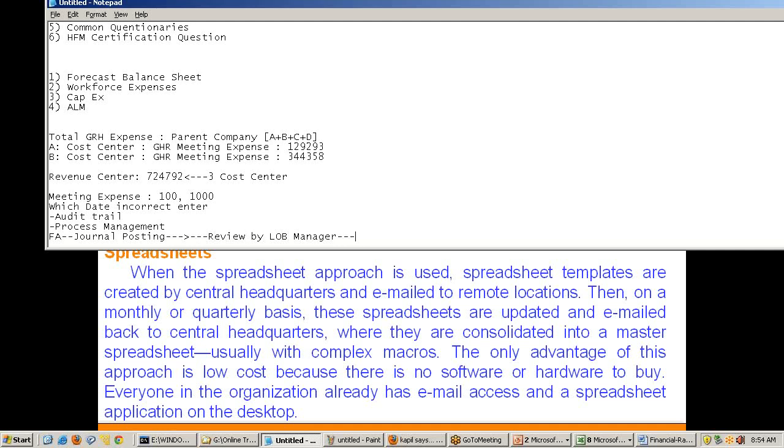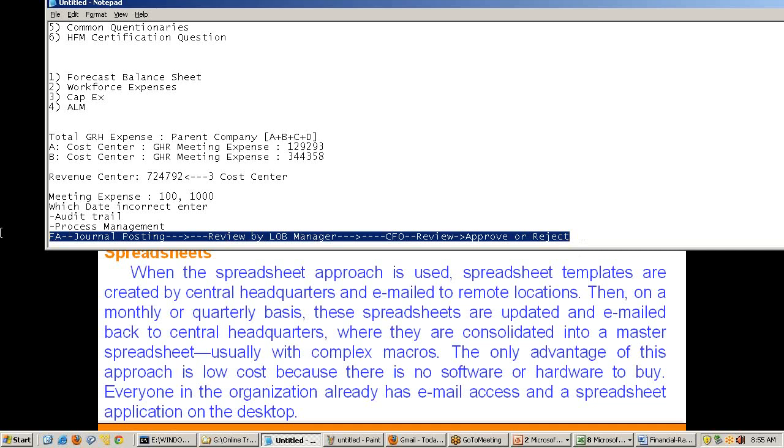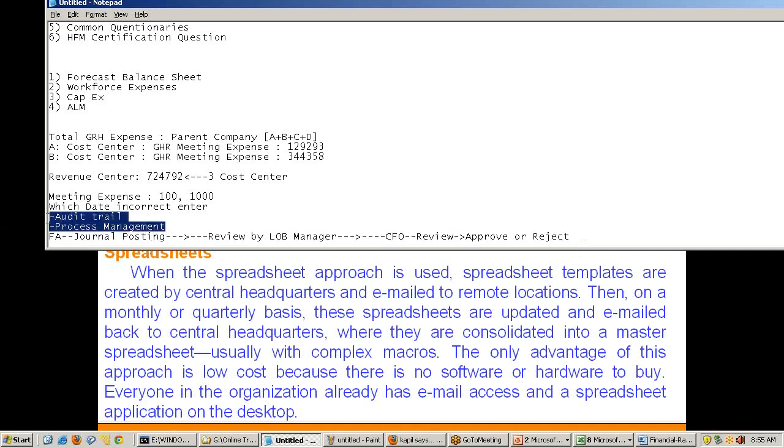Then again, there may be three levels of review. Again, it is reviewed by the CFO, Chief Finance Officer, Planning and Budgeting Division. They review it. There may be multiple levels of review, review level 1, review level 2, and then it is approved or rejected. There is a certain process flow we follow. This cannot be managed in Excel.